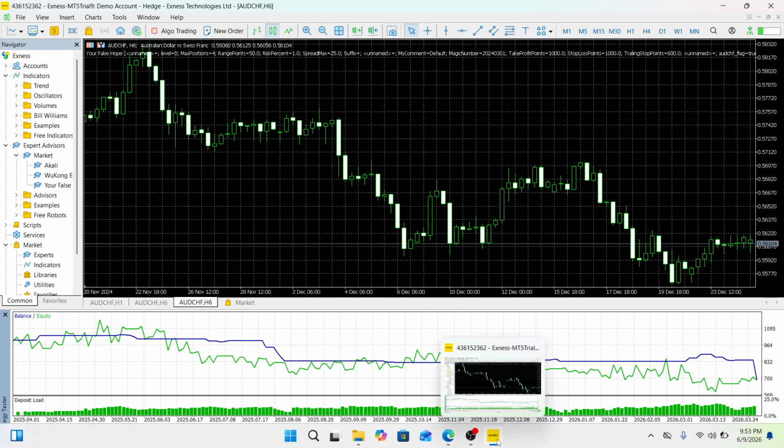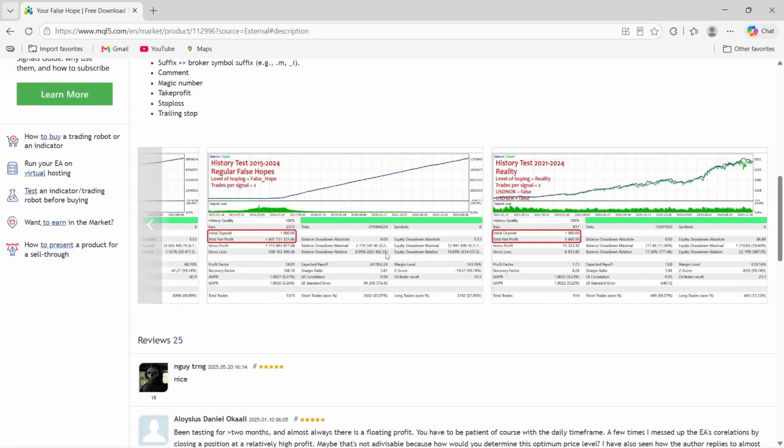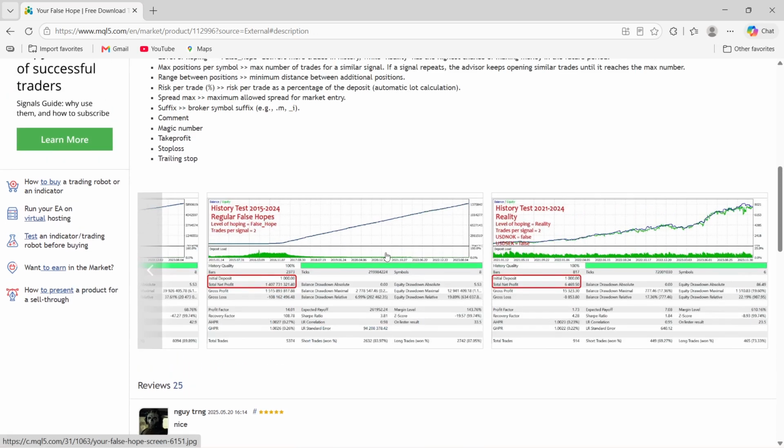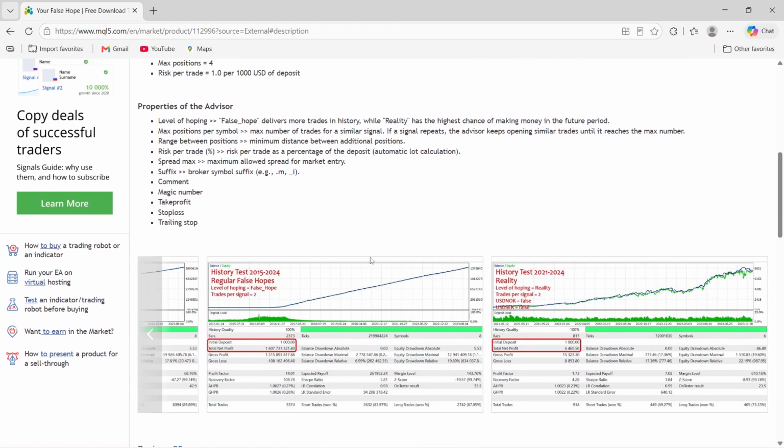So who is this actually for based on everything we've seen? If you're an algo or quant curious trader who wants to experiment with machine learning, maybe on a tiny cent account, and you treat any money in there as tuition, then sure, playing with the false hope versus reality modes could be educational. If you're a content creator or educator, it's also a great example to show your audience why they shouldn't trust a perfect equity curve.